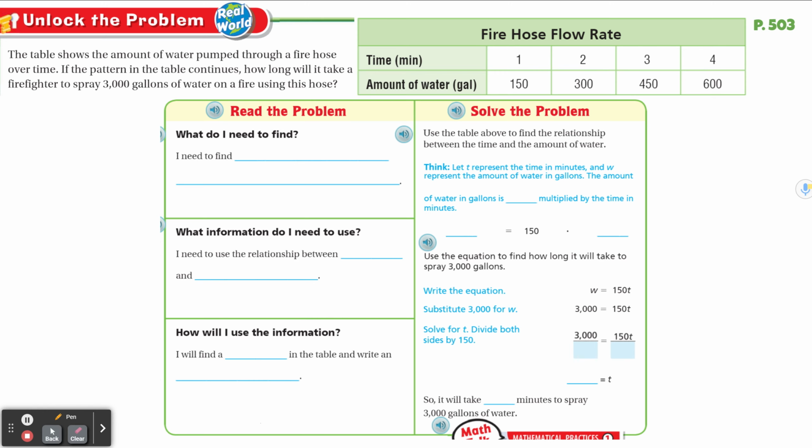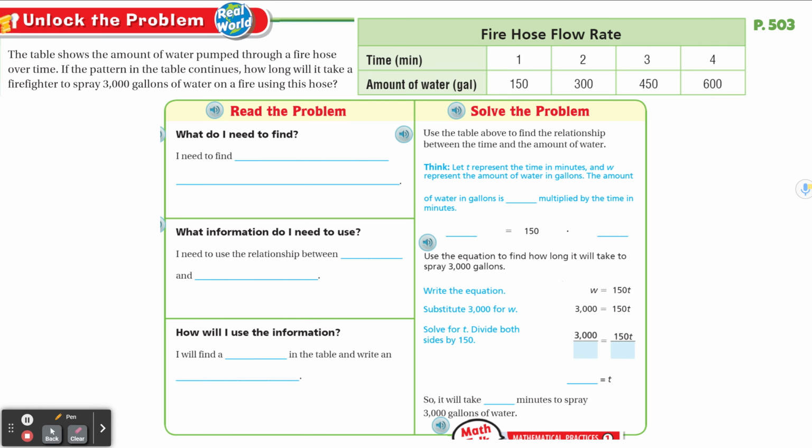So, like we do with a lot of our word problems, we're going to use this graphic organizer to help us think about what we are trying to do in this problem and how we can solve it. So let's go ahead and look at read the problem. We need to figure out, what do I need to find? Go ahead and reread the word problem and underline what we are trying to figure out in this problem.